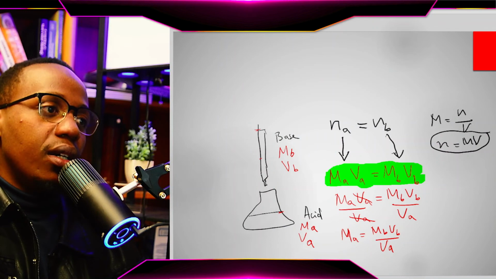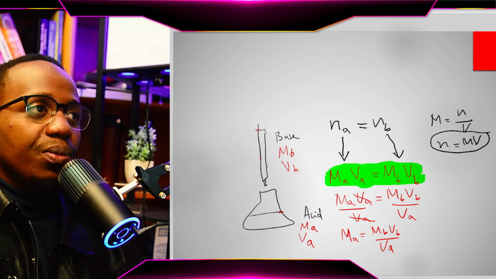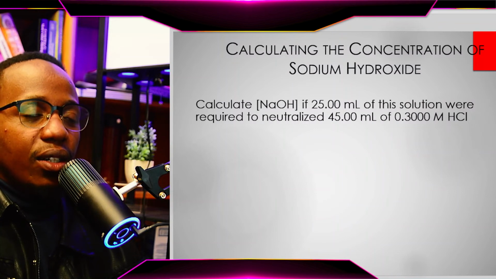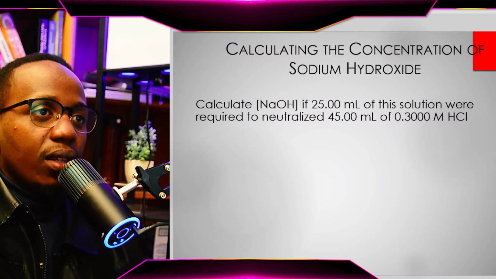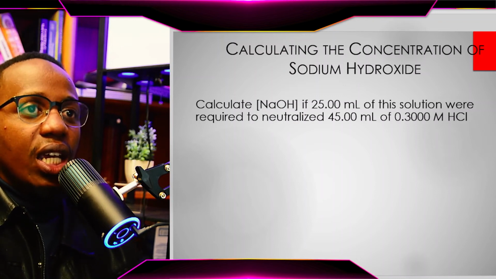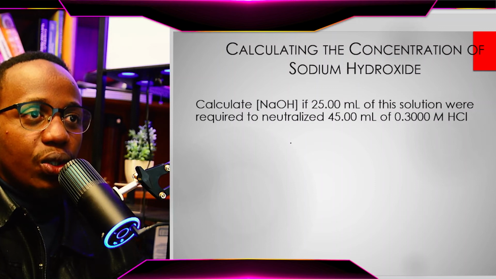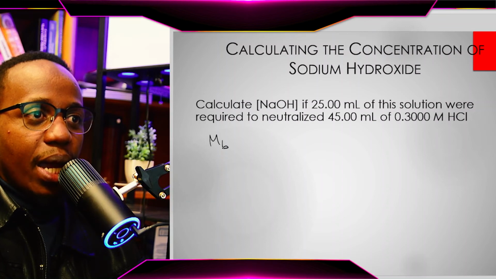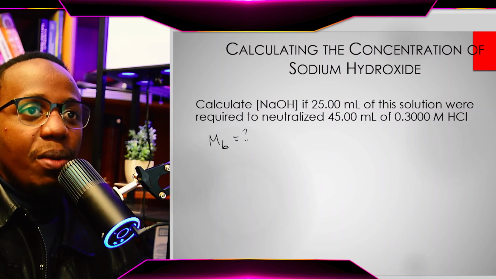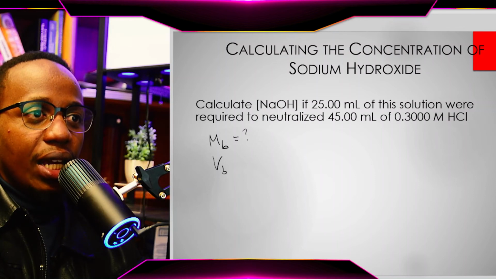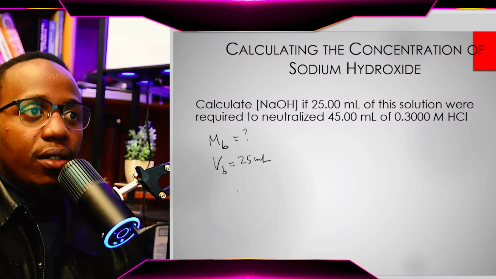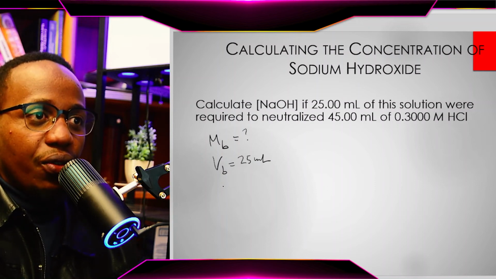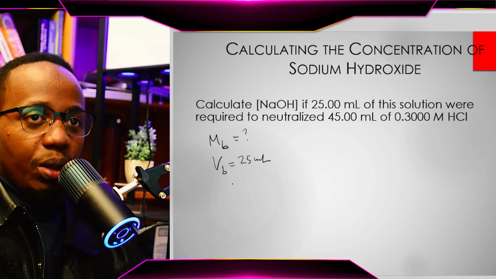Now, I can also ask you to calculate the concentration of NaOH. So now I just switched it up. I'm asking you the concentration of NaOH. If 25 ml of this solution, so it's asking you MB, is required to neutralize 45 ml of 0.3 molar HCl.